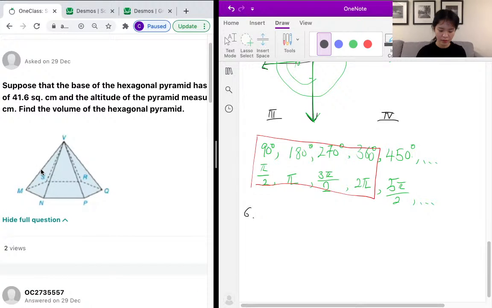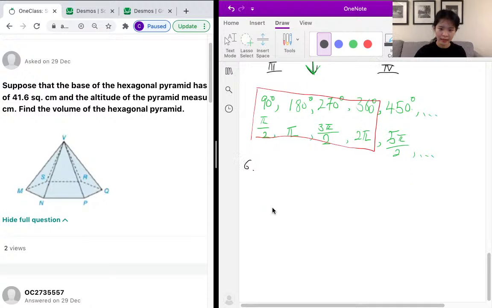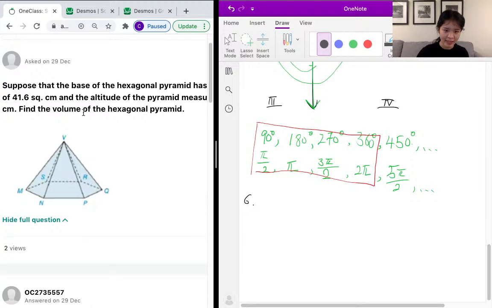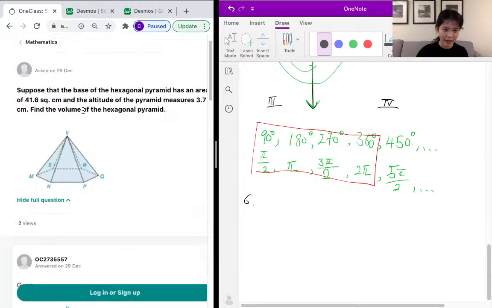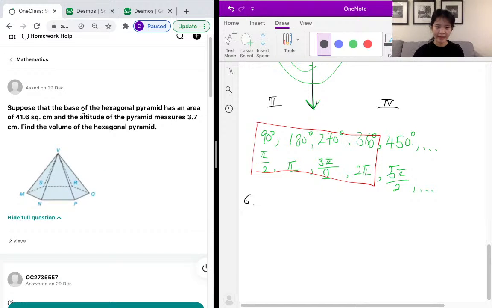So, I'm sorry, it's asking us to find not the surface area of a hexagonal pyramid, but the volume of a hexagonal pyramid, which is actually a little bit easier than finding the surface area of a hexagonal pyramid for the given information. So we're asked to find the volume of a hexagonal pyramid.